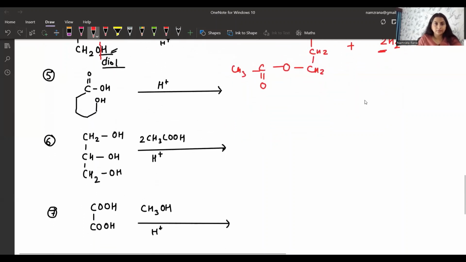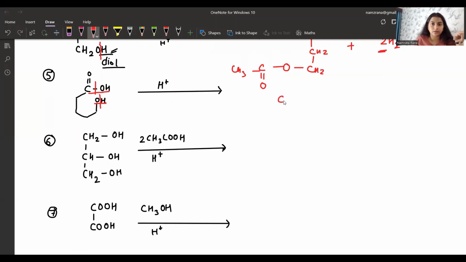Seeing the fifth question. The fifth question includes the acidic part and the alcoholic part within the molecule, that is intramolecular esterification reaction. So this time the ester formed would be a cyclic ester. What you need to do is cleave this OH bond and cleave this OH bond of the alcohol.